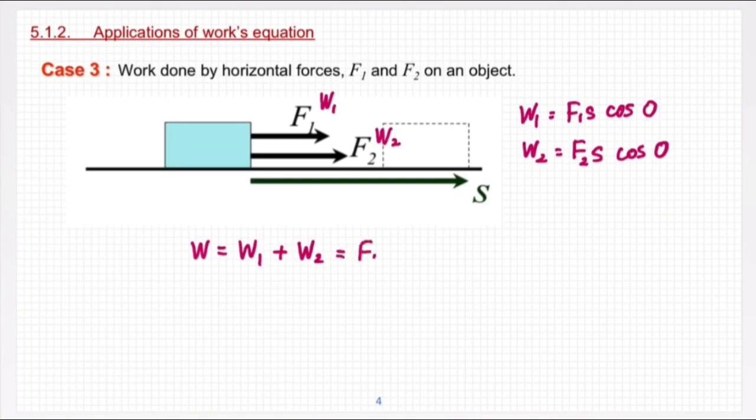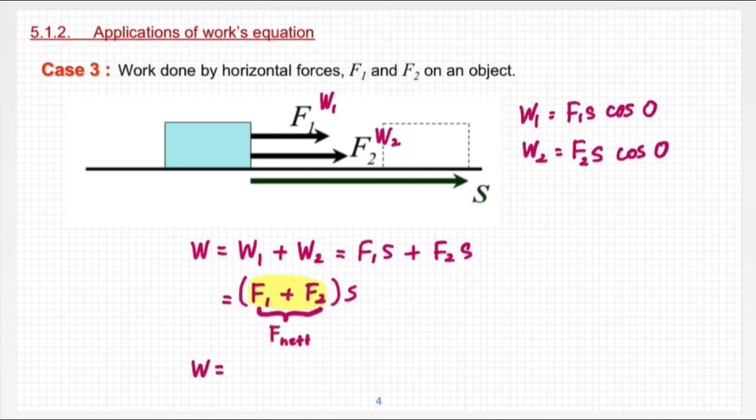And we can substitute in the equation. So we get F1S plus F2S, because the cos 0 is equal to 1. So we don't have to write that anymore. And we can factorize S. So we get (F1 plus F2)S. And F1 plus F2 is actually the net force, F net. So we can rewrite our equation as W is equal to F net S.